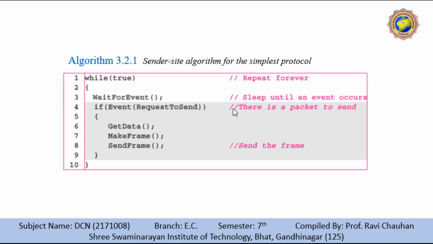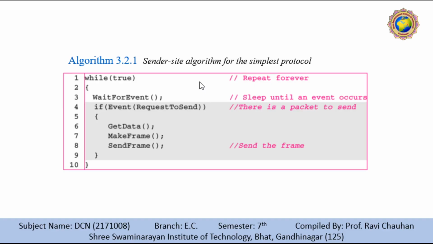When an event request from the network layer occurs, lines 6 through 8 are executed. The program then repeats the loop and again sleeps at line 3 until the next occurrence of the event. We have written a pseudocode for the main process. We do not show any details of our modules get data, make frame and send frame.